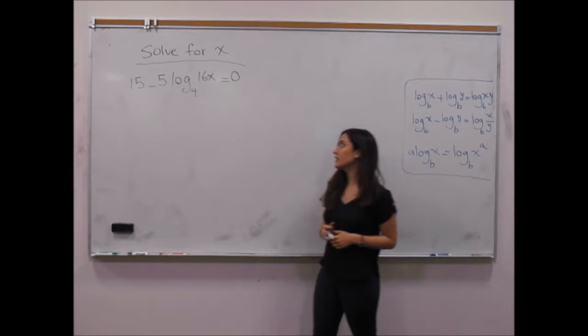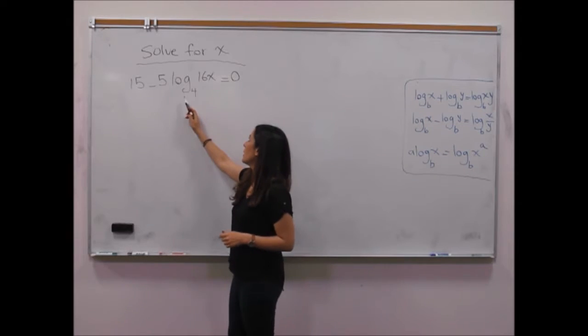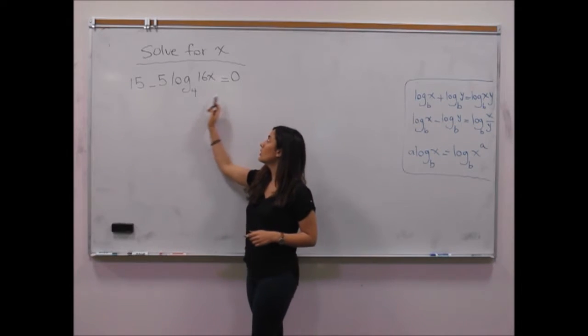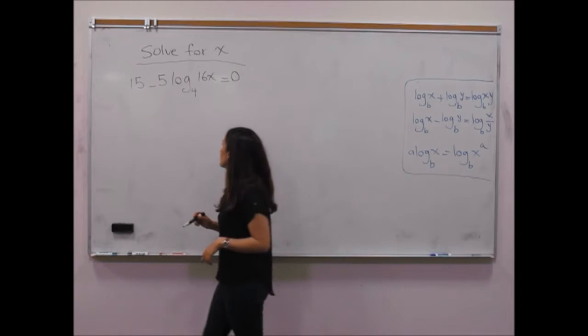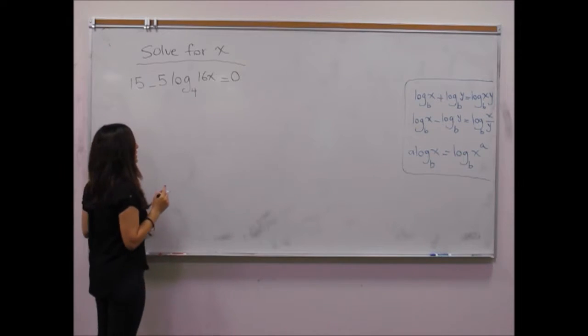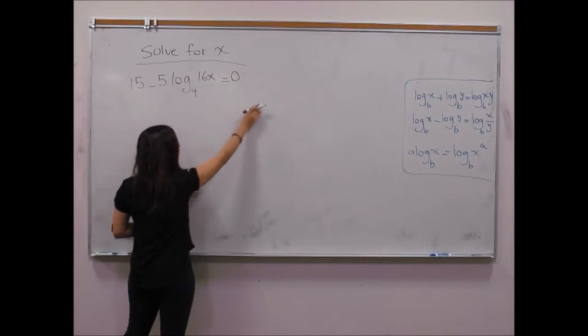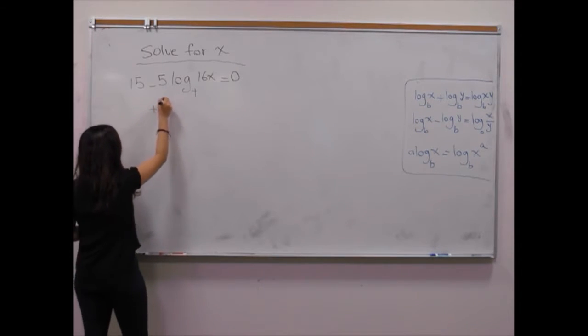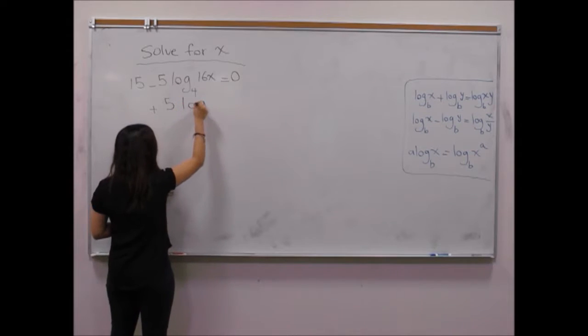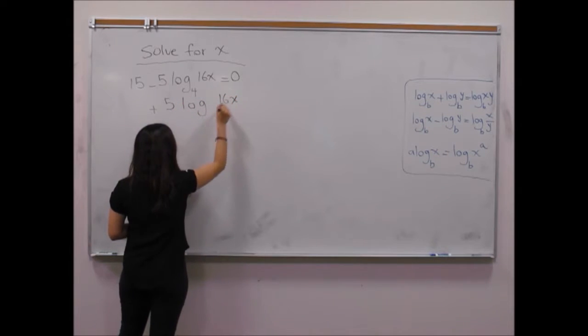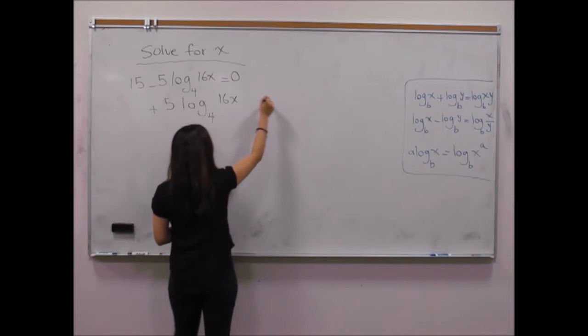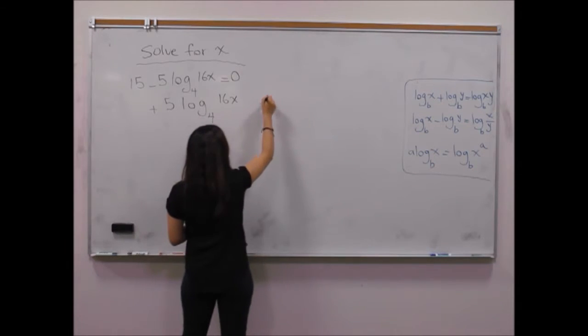Alright, so I have 15 minus 5 log of 16x base 4 equal to 0. So the first thing that I want to do is to isolate the log. I'm going to move the 5 log to the other side, so I add it to both sides.